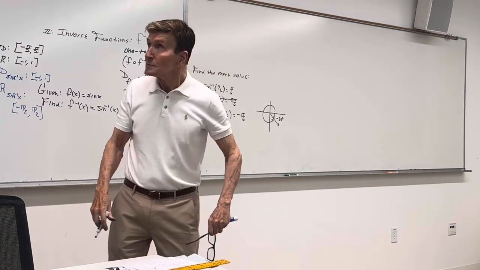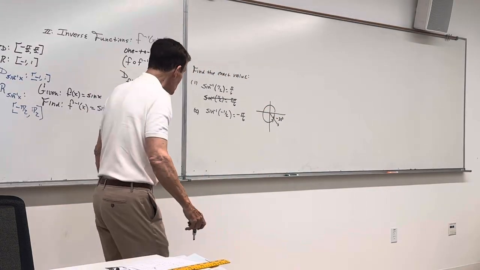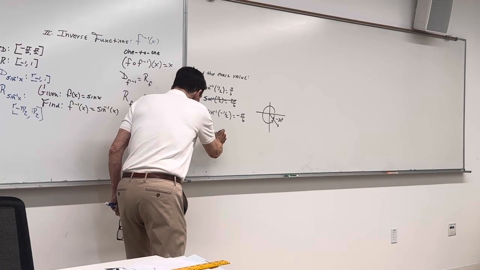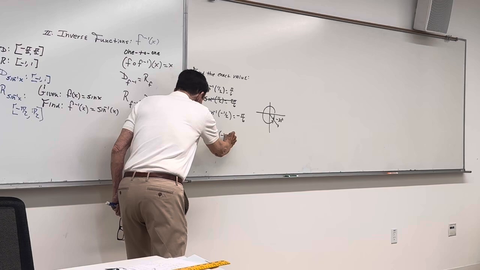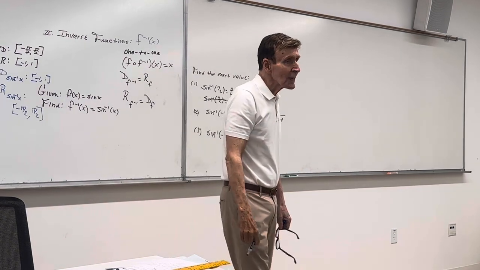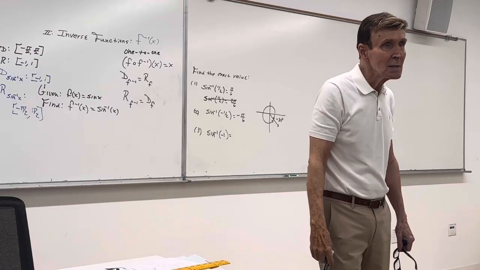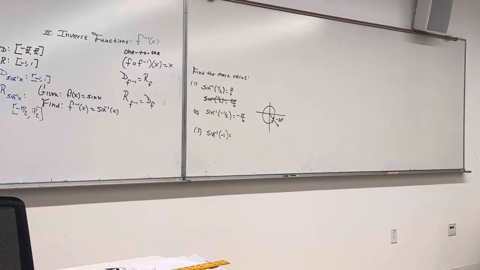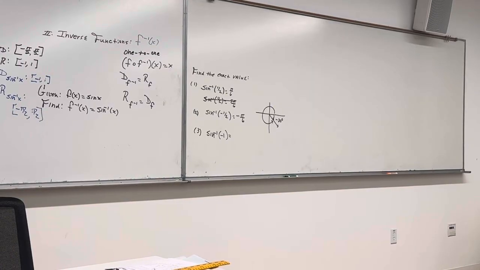Next one. Got a few minutes here. Number 3. Inverse sine of -1. And I just have one more and then we're going to quit. Inverse sine of -1. Where on earth have you seen -1 as the y coordinate on that unit circle?